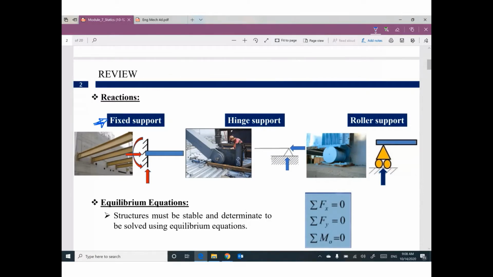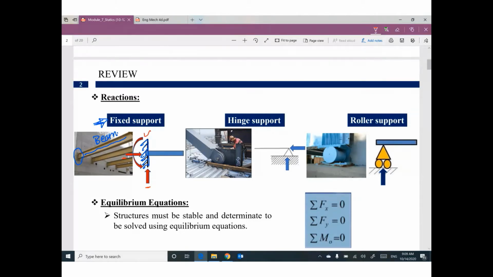So this member is called a beam, and this support on this wall can be considered as fixed. In our course, we are going to assume the fixed support looks like this shape. If you have fixed support, we have three reactions: vertical, horizontal, and moment.